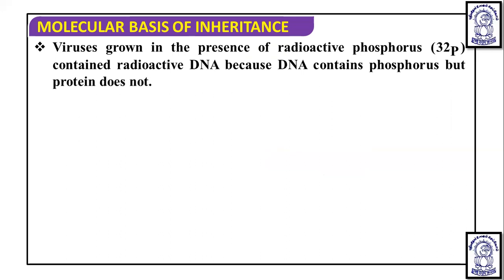P32 labels the DNA because phosphorus is present in DNA. So phosphorus will enter into the DNA during replication.